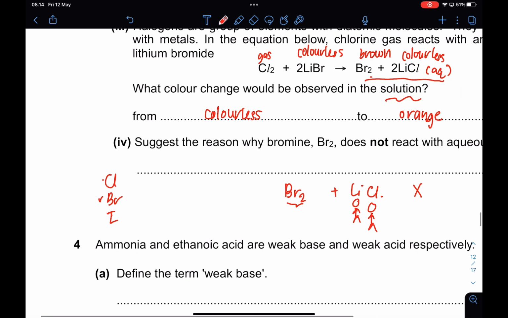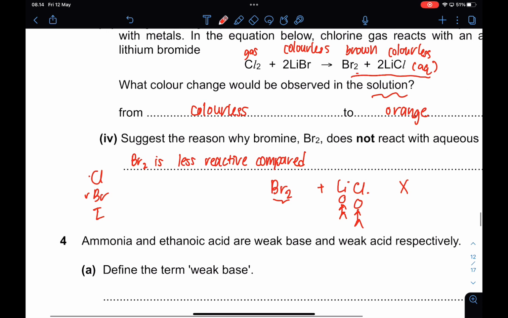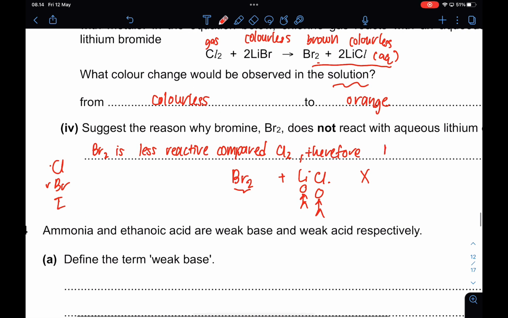Okay, so when they try to separate the couple, most likely that will not happen. So it means that Br2 is less reactive compared to chlorine.